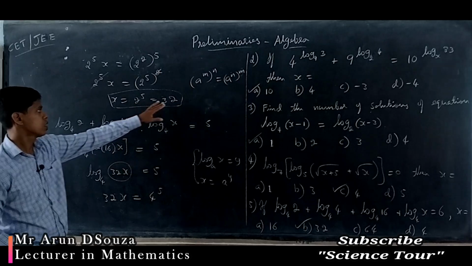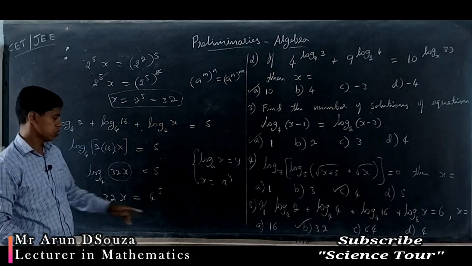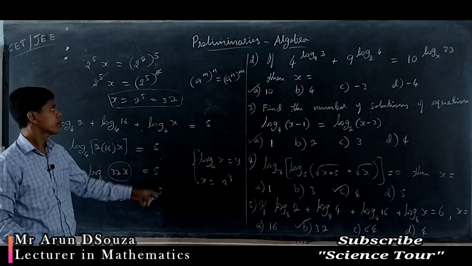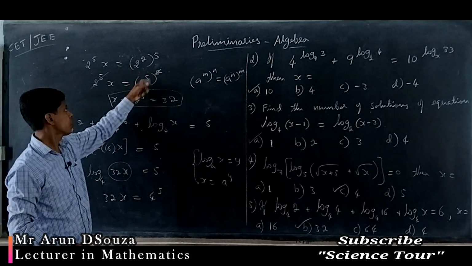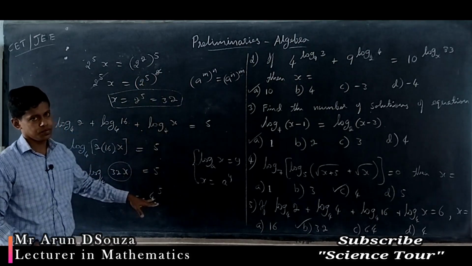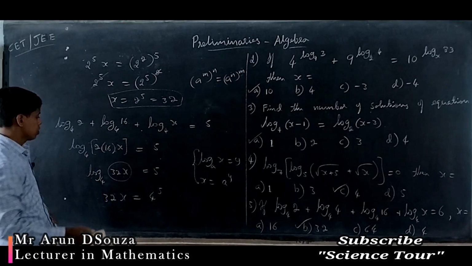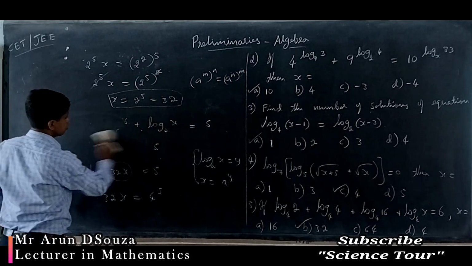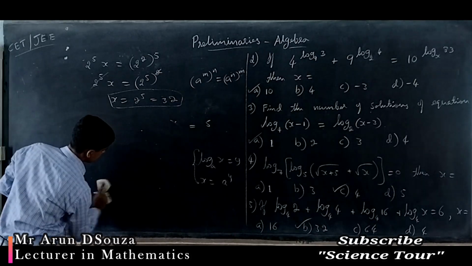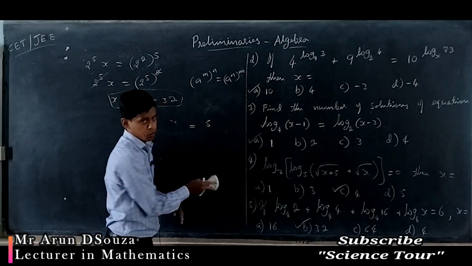That will also be 32, because this will be 32 squared. 2 to the power 5 squared, 32 squared it is. So one 32 will cancel, 32 will be the answer. Well, how you simplify is up to you, but finally the answer must be obtained.